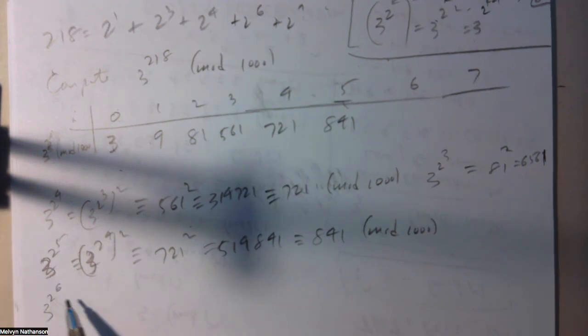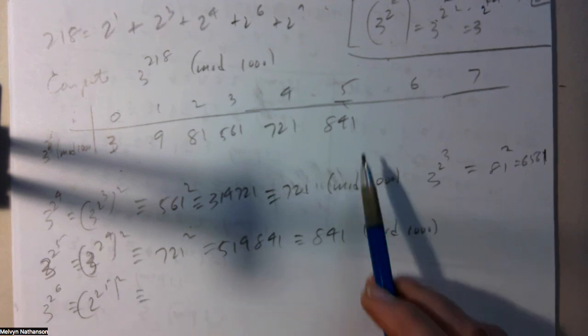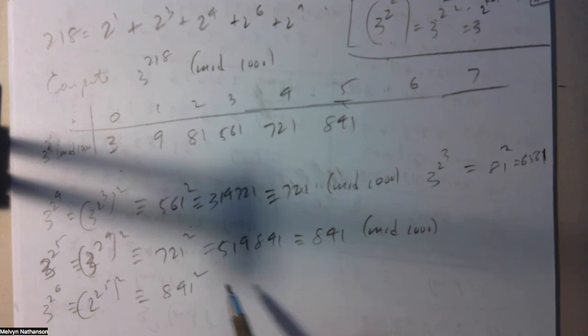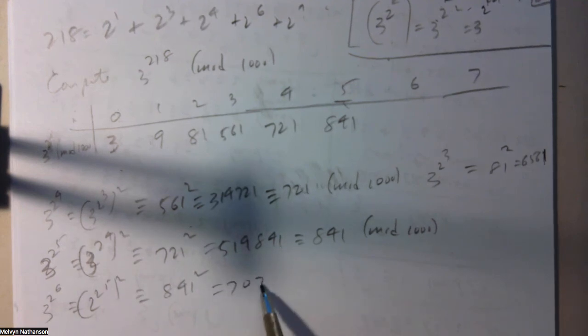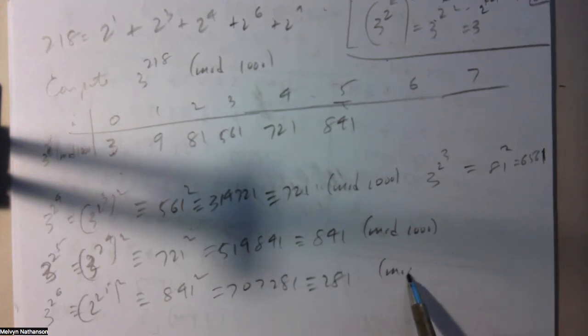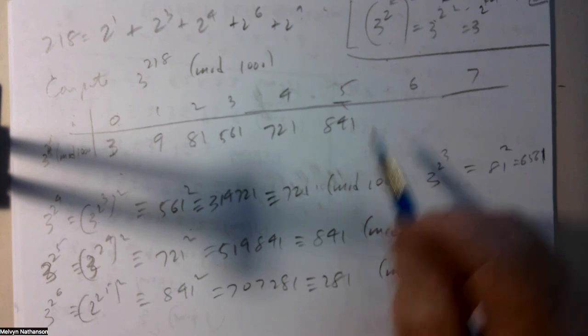3 to the 2 to the 6th is 3 to the 2 to the 5th squared. That's congruent to 841 squared. 841 squared is 707,281, which is congruent to 281 mod 1,000.